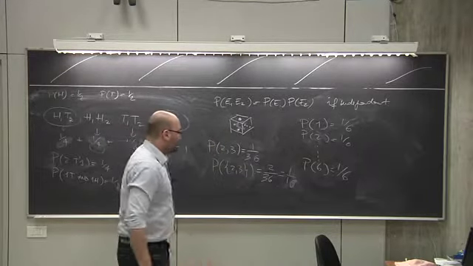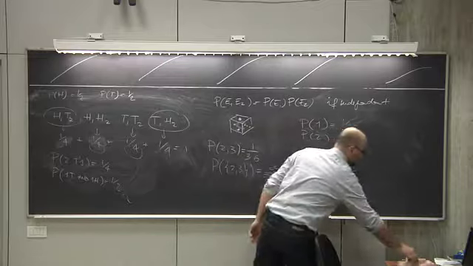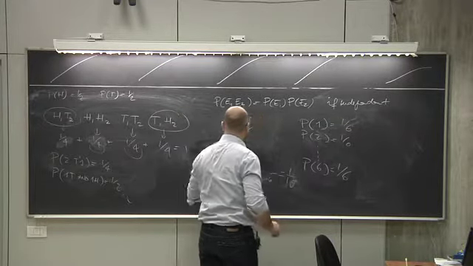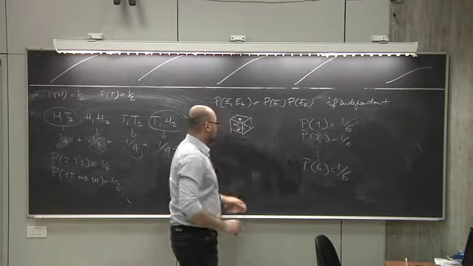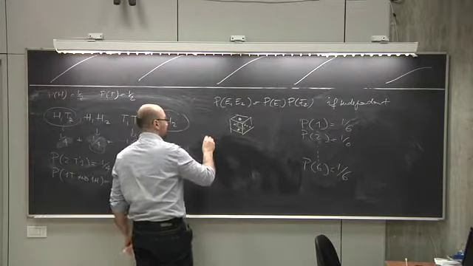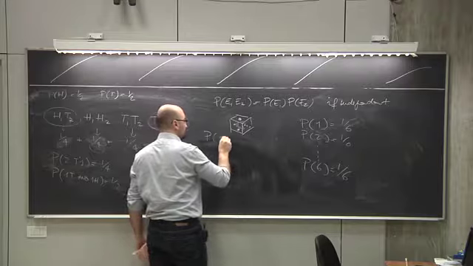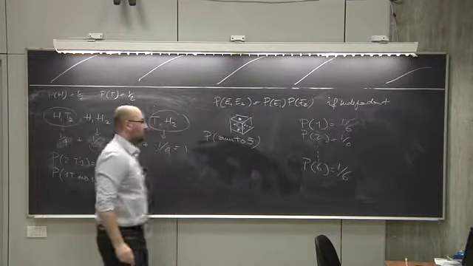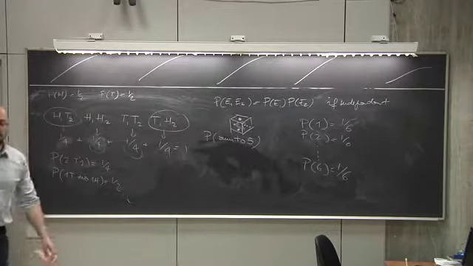So, what is the probability that I throw 2 dice and the sum of the 2 numbers is 5?